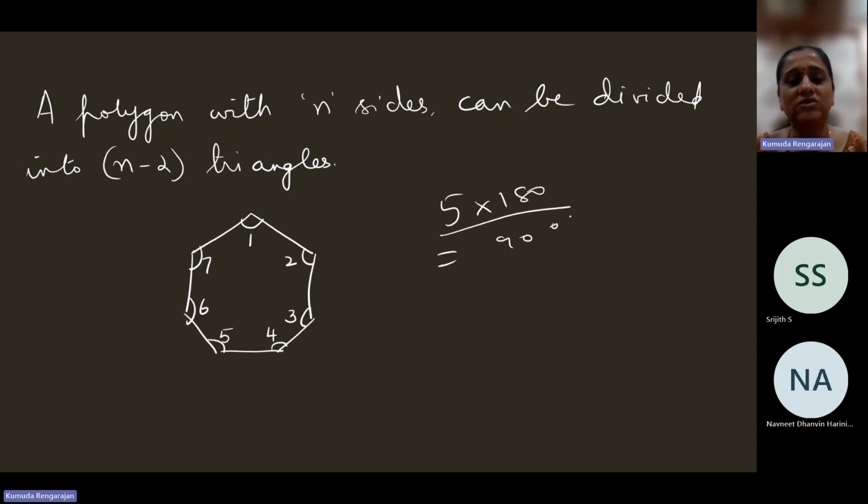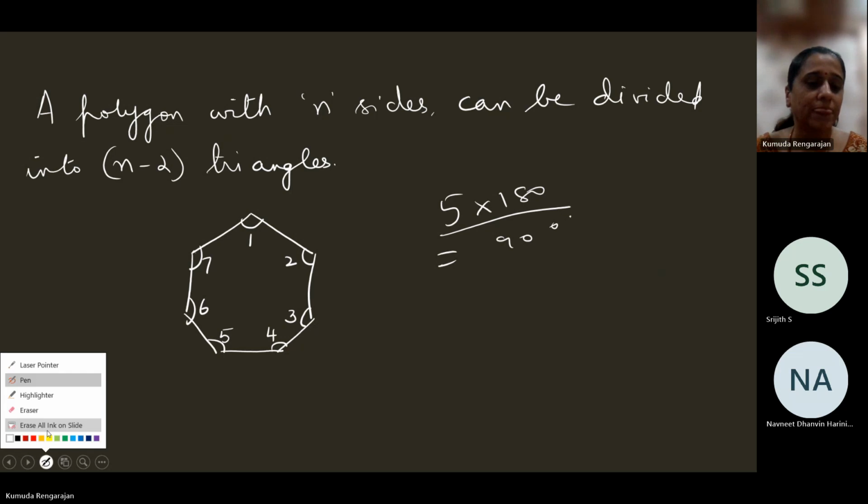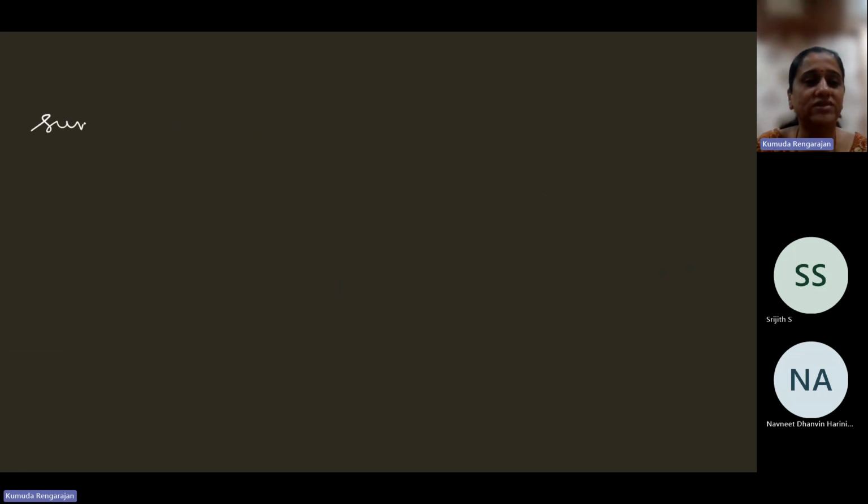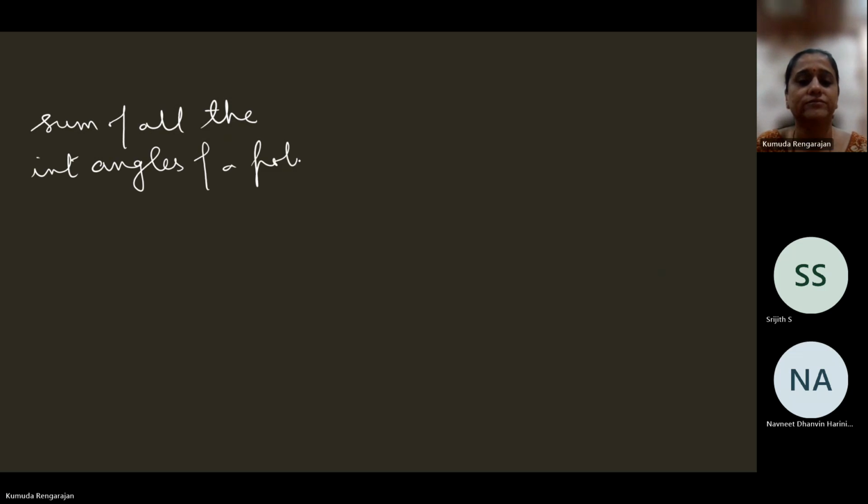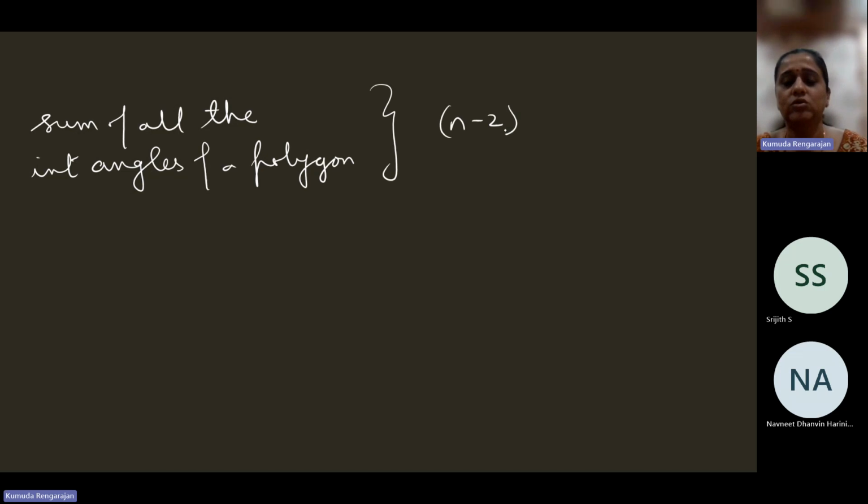The sum of the angles in one triangle is 180, so n minus 2 triangles will be n minus 2 into 180. And that's the formula to find the sum of all the interior angles of a polygon with n sides: n minus 2 into 180 degrees.